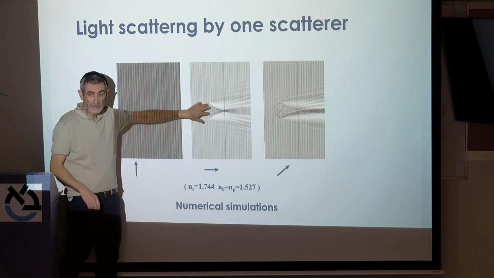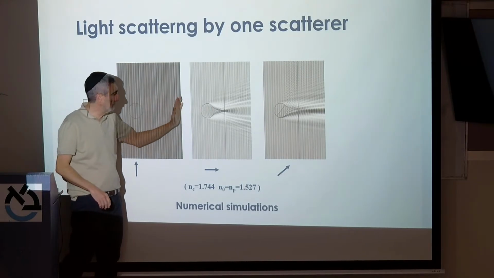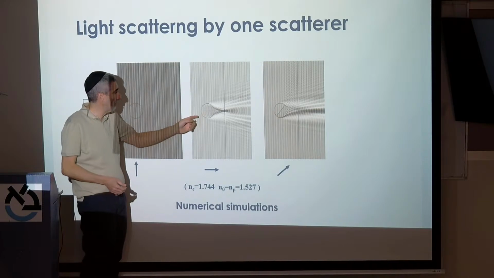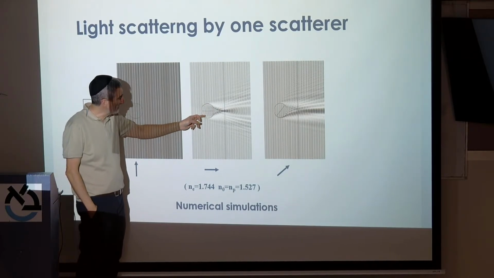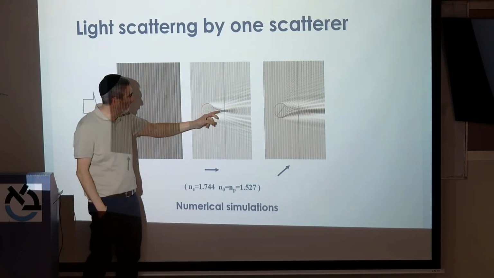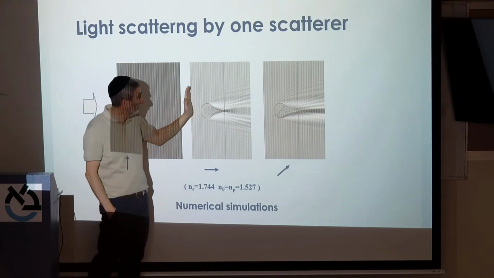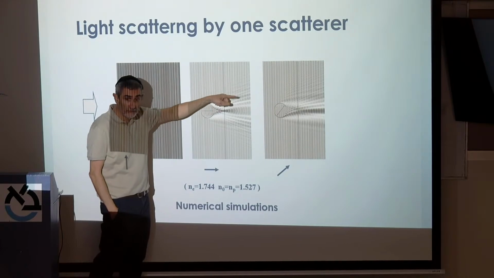When you rotate by 90 degrees, you have a scattering effect. You see the field inside the scatterer, and you see the field which is radiated away. So you see that it's the sum of the incident field and the radiated field.